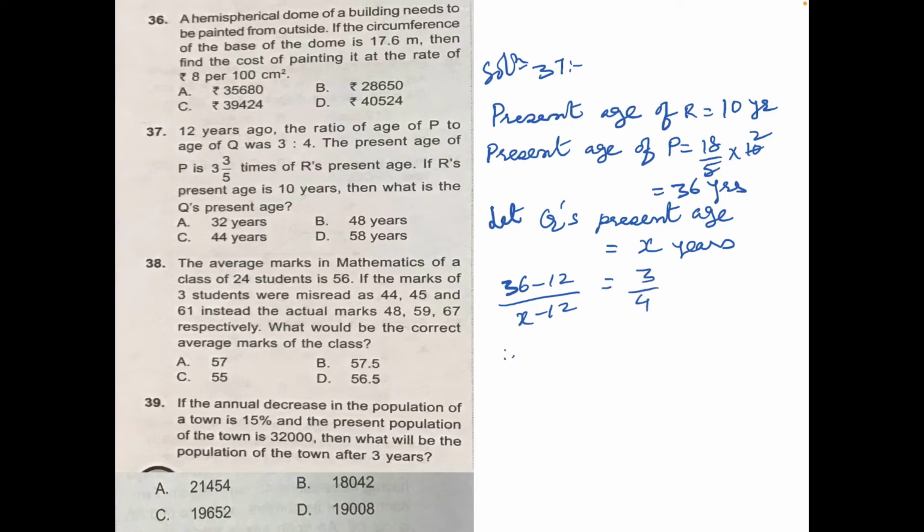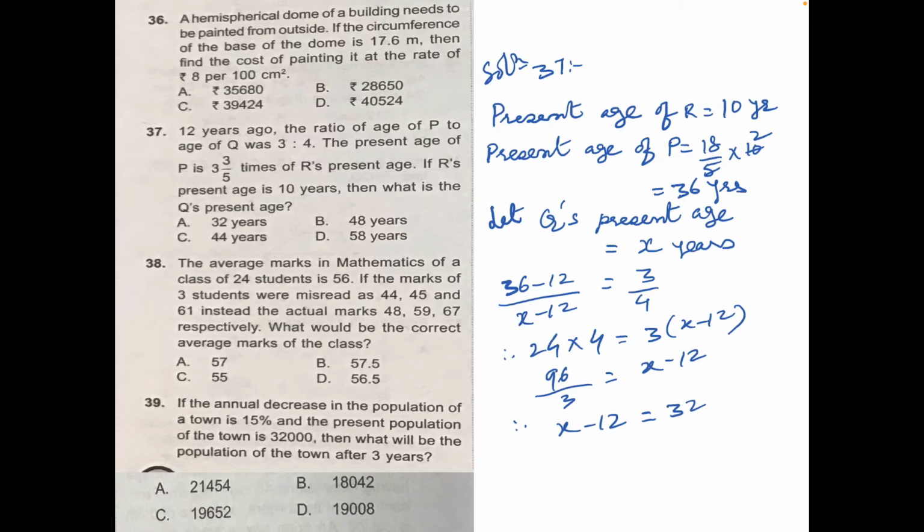Therefore, this is 36 minus 12 is 24. I will just cross multiply. 24 into 4 is equal to 3 into X minus 12. So, 24 4s are 96, and if I bring this 3 this side, I will get 96 by 3 is equal to X minus 12. Therefore, X minus 12 is equal to 32.